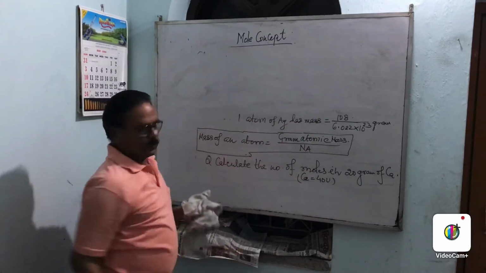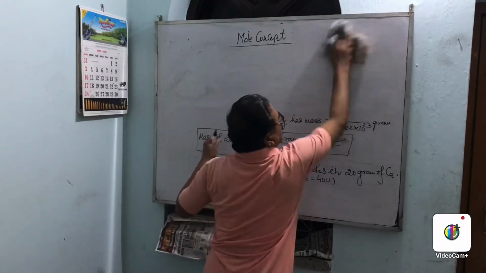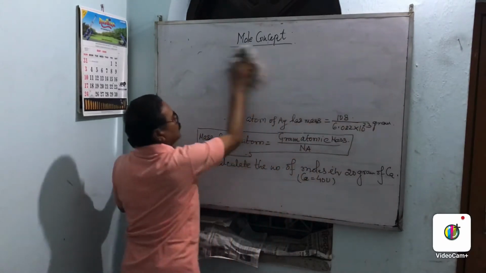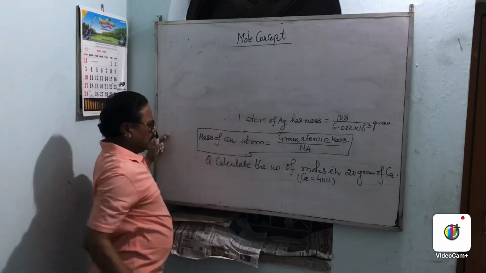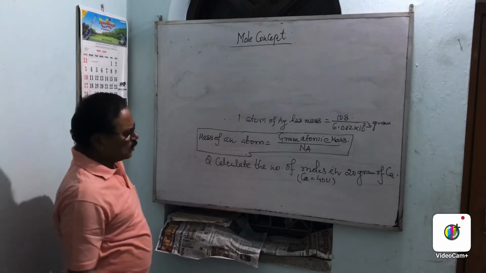How it comes, we see. Another concept we take. Calculate the moles in 20 gram of calcium. How do we calculate it?